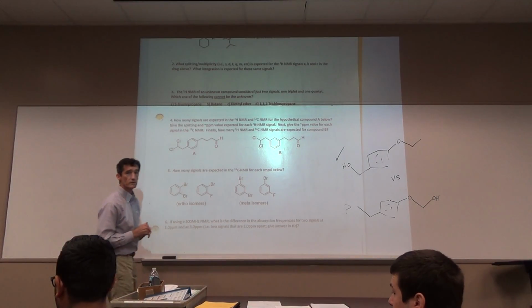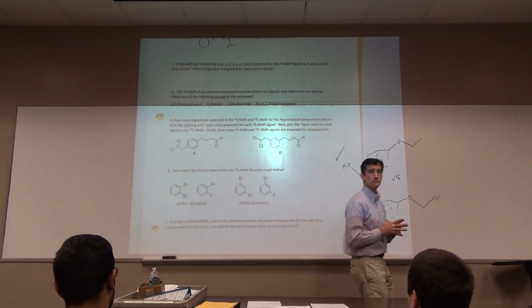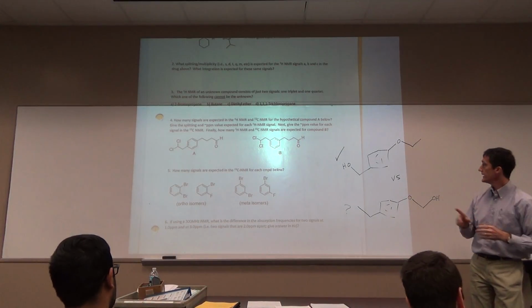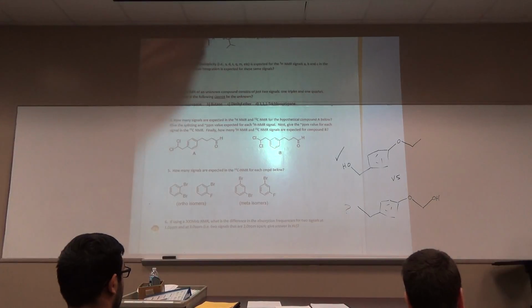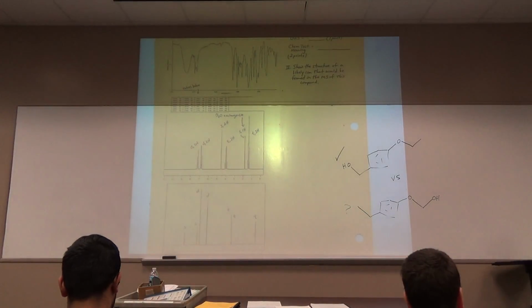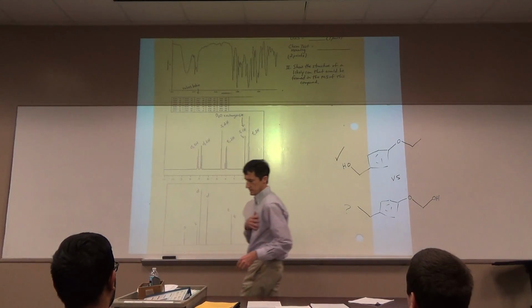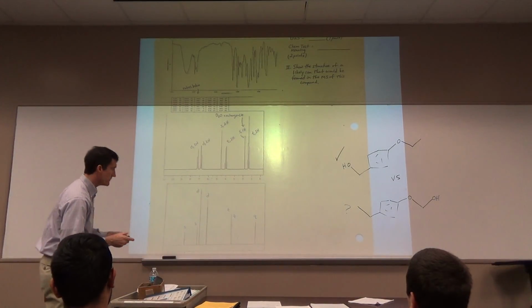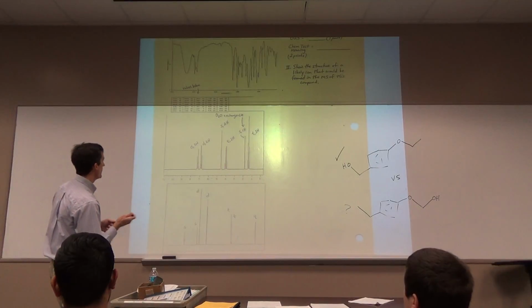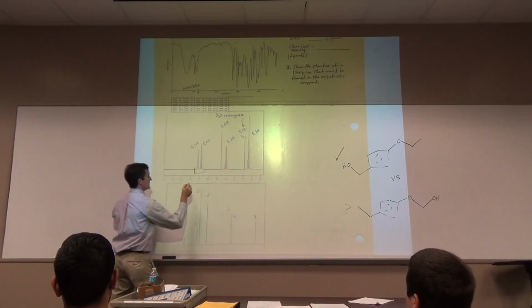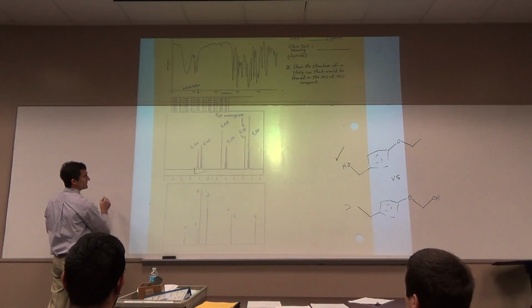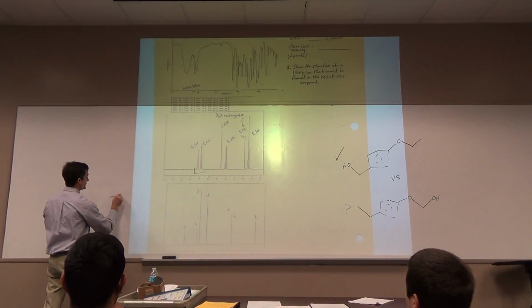Okay. Other questions? Okay, let's look at the one here. The answer is the top structure. Why is it not the bottom? That was the question. Let's do it from scratch. What does that typically indicate? We've got 4 aromatic H's, a pair of doublets.